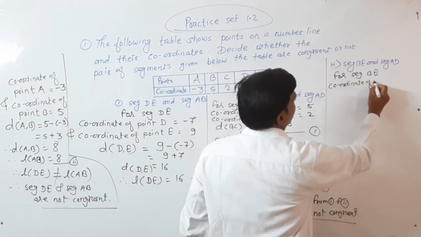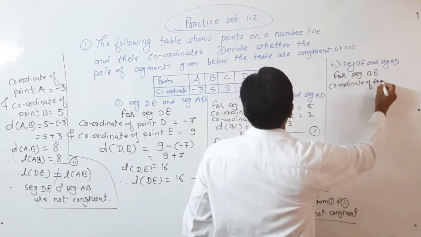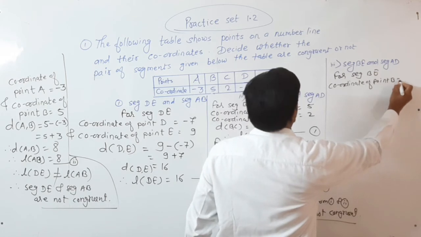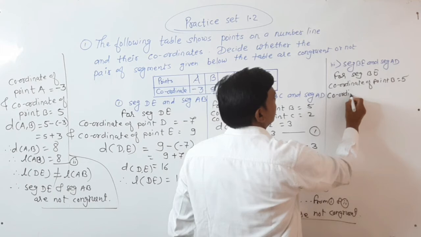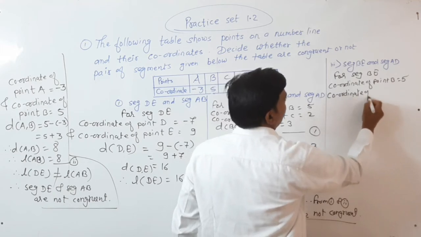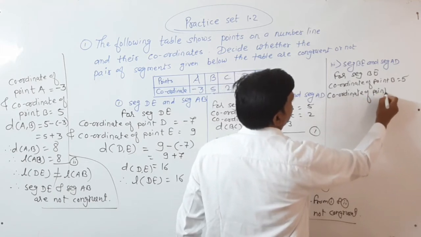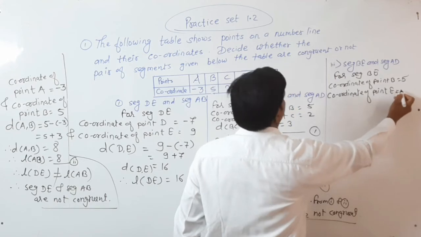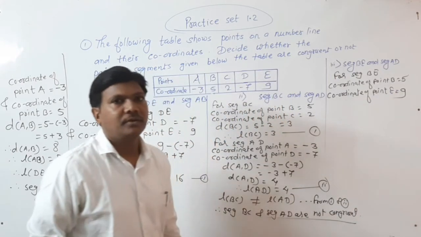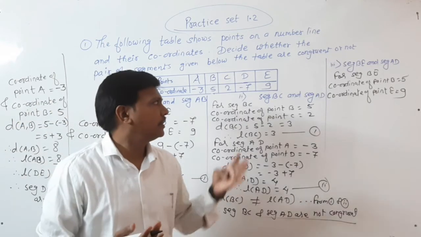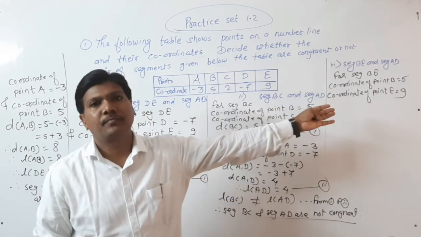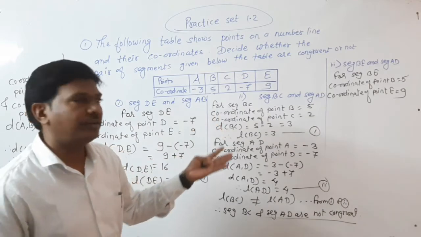The coordinate of point B, that is 1, and the coordinate of point E, that is 9. Then see the coordinate of point E is greater than the coordinate of point B. So find the distance.